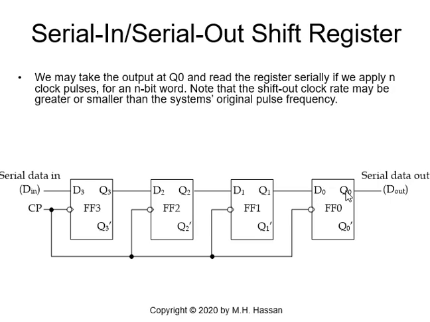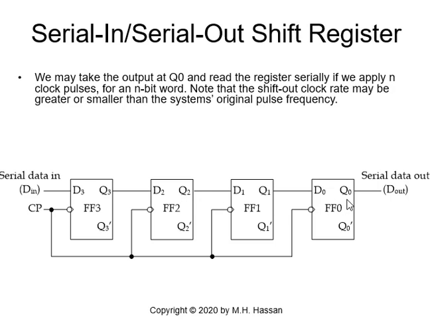So if I started with all zeros and I send a single 1, after 1 clock pulse, I will get the 1 here. After 2 clock pulses, I will get the 1 here. After the 3rd clock pulse, you will get the 1 here. After the 4th clock pulse, Q0 will have the 1. So you'll get 0, 0, 0, 1.